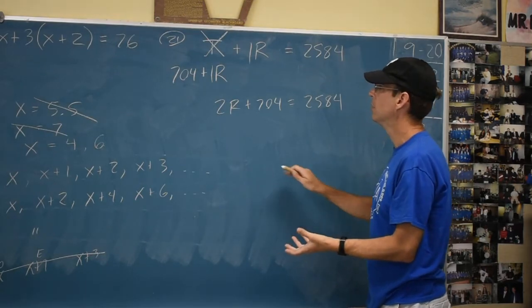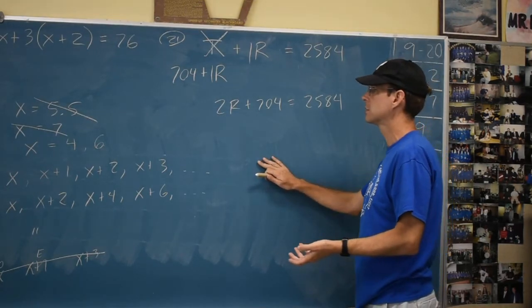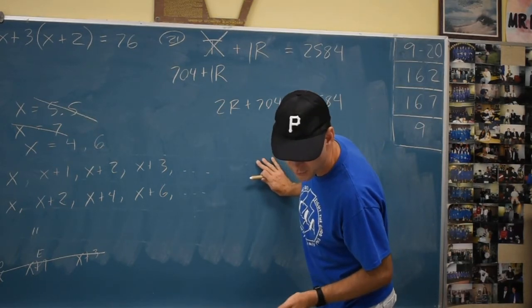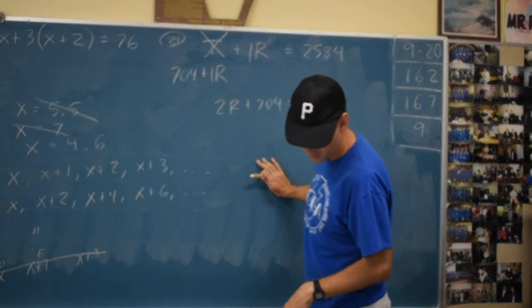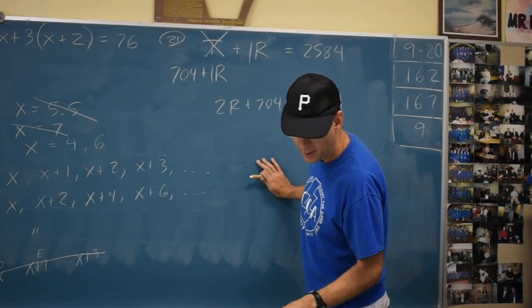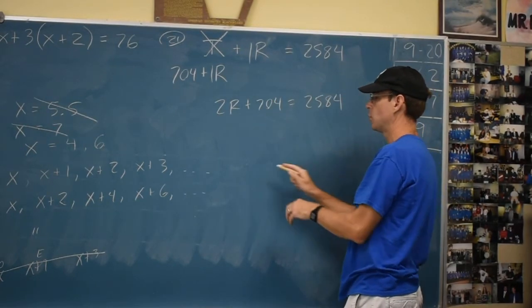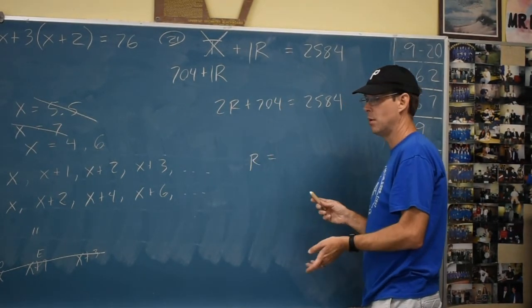Let's say room and board is $500. They want both answers, I believe. No, they don't. They just want the tuition. So we're off the hook on this a little bit. But they're asking for the tuition. So when we solve this, we're going to get an R answer for room and board.